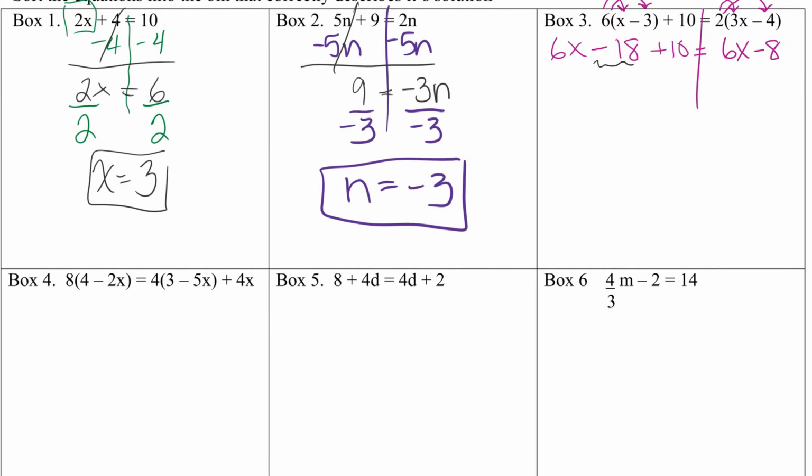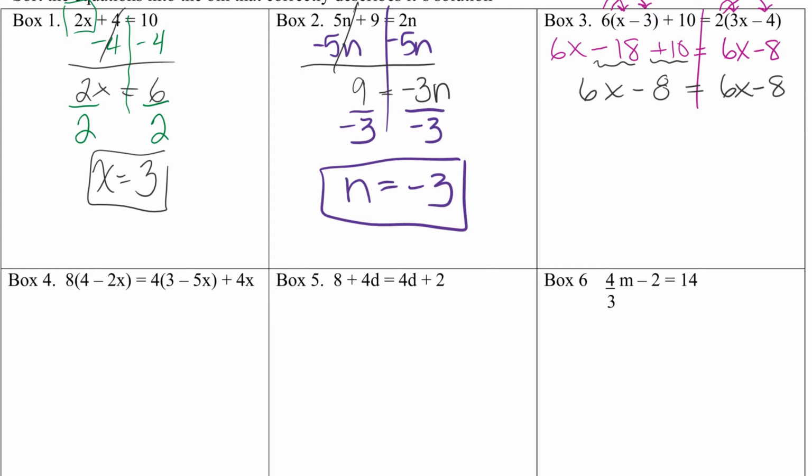Now I'm going to put together the negative 18 and the positive 10. They're on the same side. So I'm going to bring down 6x. Negative 18 and positive 10 leaves me with negative 8. Now you can see that the left side, 6x minus 8, is the same as 6x minus 8.